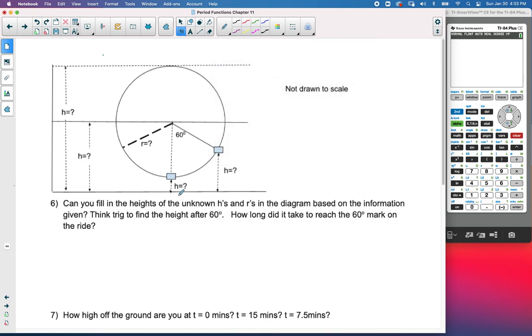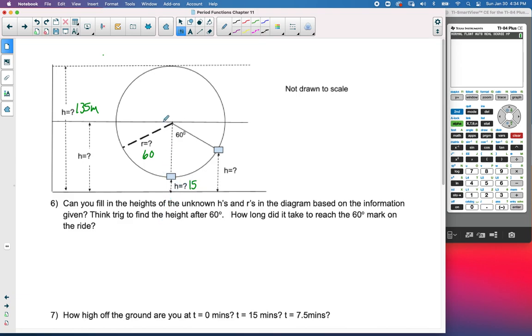We know that the total height of the Millennial Eye is 135 meters. We know the radius is 60 because the total diameter is 120. We know the height was 15 meters, right? Because if this is 135 and the diameter is 120, that leaves you with 15 meters there.